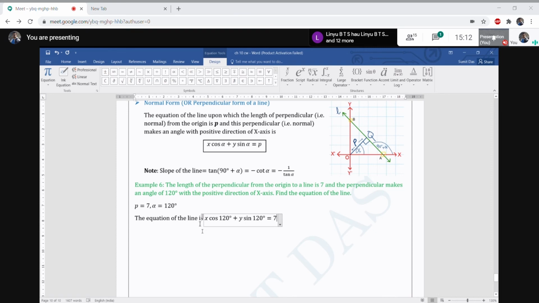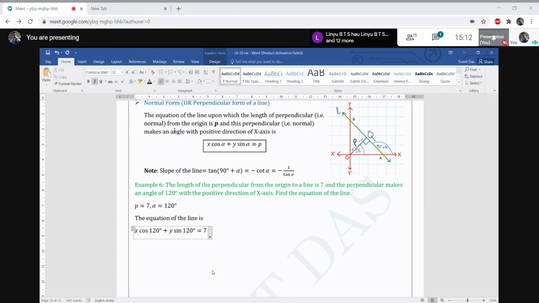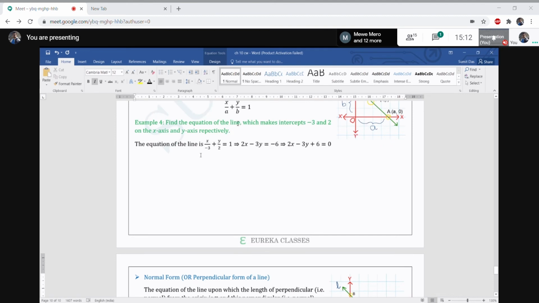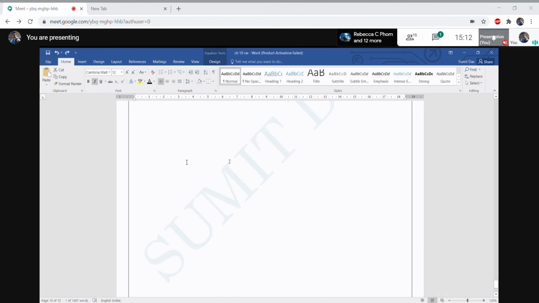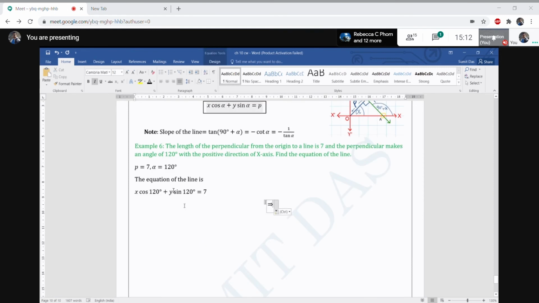If you simplify this, x cos 120, what is the value of cos 120? Cos 120 is minus sin 30 degrees. Sin 30 value is 1 by 2. So it is minus 1 by 2. Why? Because cos 120 is in the second quadrant, and in the second quadrant cos is negative, right?